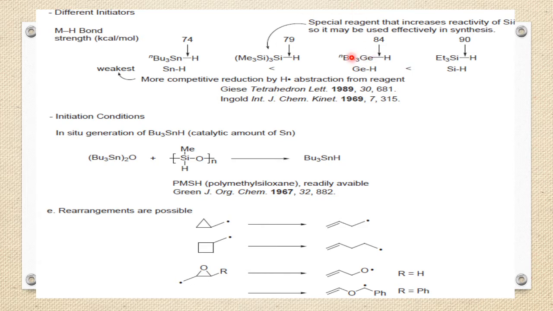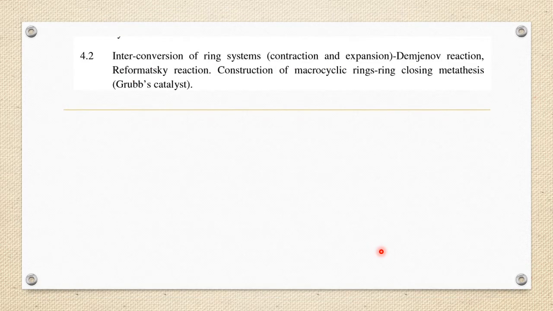Germanium based are also utilized in this case. Rearrangements are also possible in certain cases wherein if the ring is a membered ring, then it may probably prefer the open chain. So that is what we learn in case of radical-olefin cyclizations.